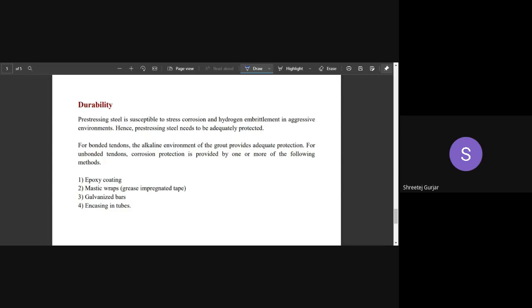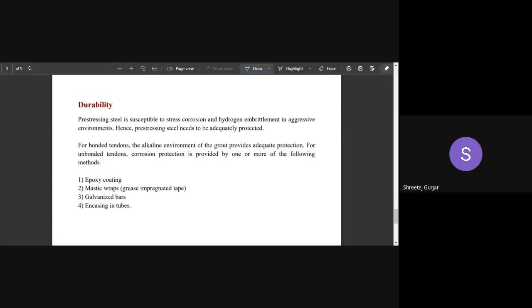And hydrogen embrittlement in aggressive environments, right? Pre-stressing steel is also susceptible to hydrogen embrittlement. Because of its exposure to hydrogen, your steel starts to become brittle.